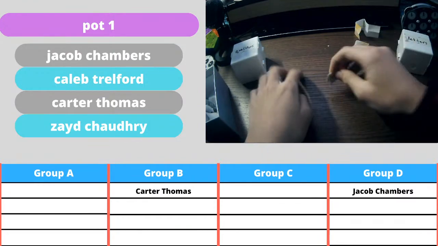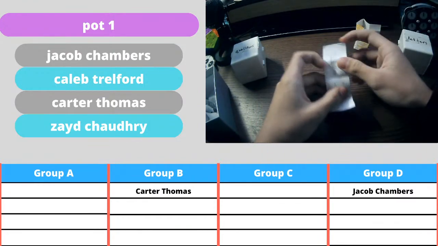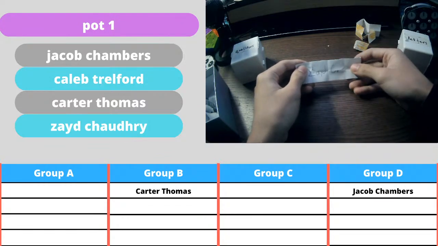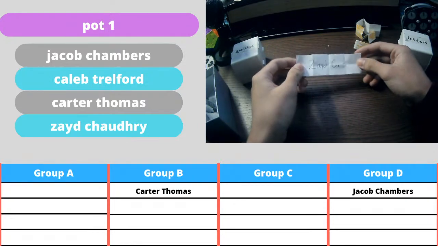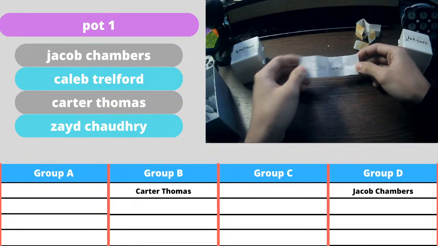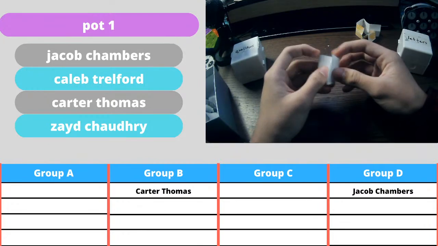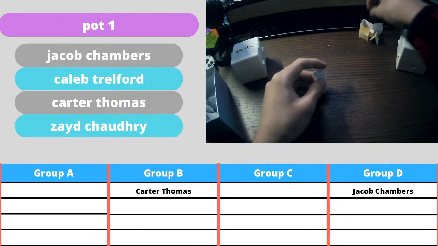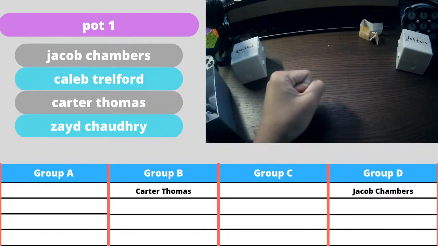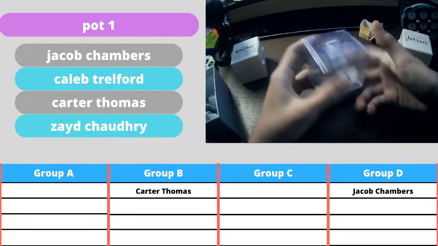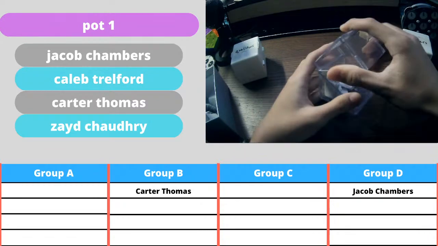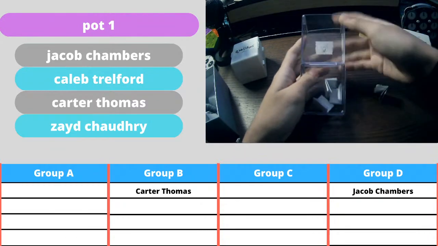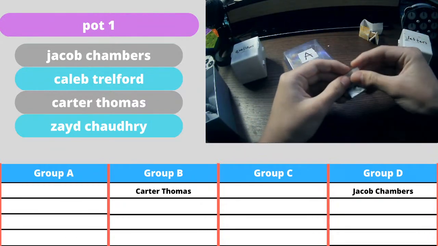I already see a little bit of a scheduling constraint here, so we are probably going to have to shift groups around a little bit. But again, as I said before, the contents of the groups will not be changed. So that is Zayd in Group A. So we're going to put him there. And let's just confirm his placement here.